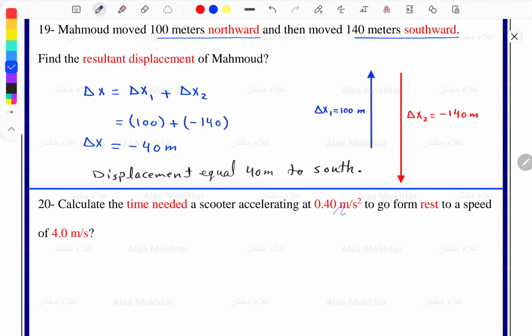So acceleration equals 0.4 meter per second squared, to go from rest, it means V initial equals 0 meter per second, to a speed of 4 meter per second, it means V final 4 meter per second. He asked about time. Calculate the time needed for velocity changing from 0 meter per second to 4 meter per second.